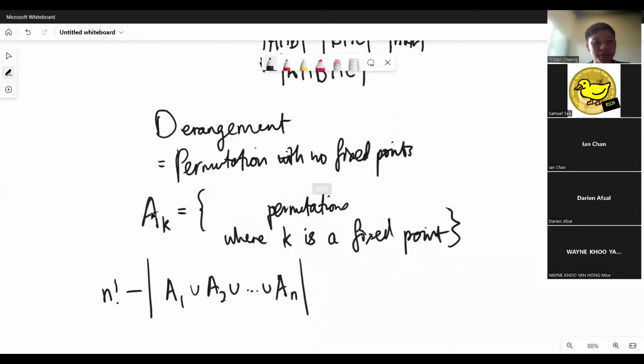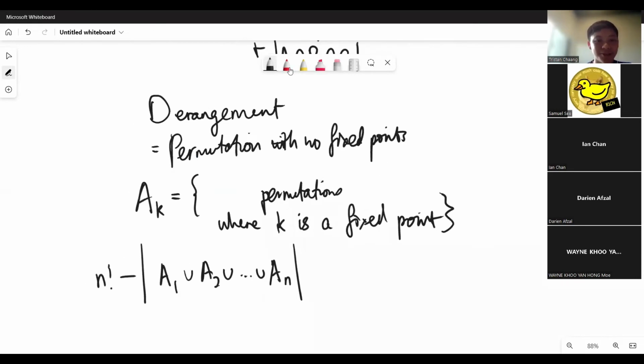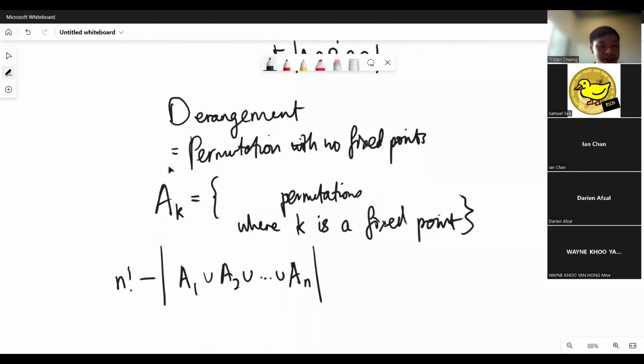So yes, A_k has obviously (n-1) factorial elements. That's quite obvious, right? The cardinality of A_k is (n-1) factorial because you just fix one point and then you just rearrange the others. But now we want this. n factorial is the total number of permutations. You subtract all possible permutations that have at least one fixed point. That would be the answer, right?